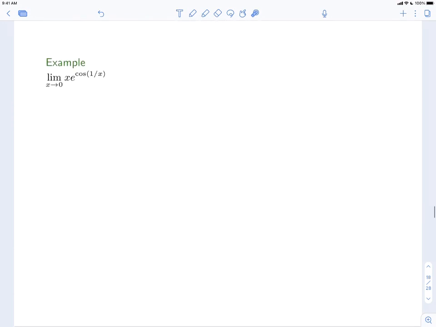Let's look at another example. Here we have the limit as x approaches 0 of x times e raised to the exponent cosine 1 over x. We're looking at the limit as x approaches 0, and once again, this quantity is not defined at x equals 0. If you try to plug in x equals 0, you'll get an undefined quantity.